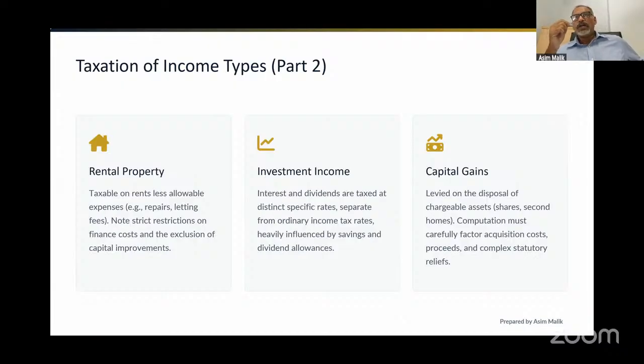So typically all unearned income is taxed on a cash basis: dividends, rental income, investment income, capital gain. So there's a crystallizing event in terms of capital gain. You're basically selling something or converting one product into another product. That basically is a crystallizing event and it triggers the tax liability.